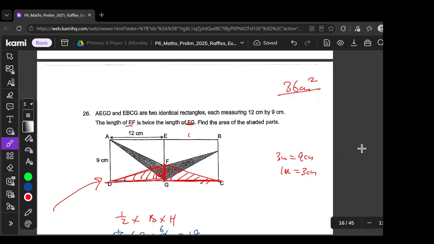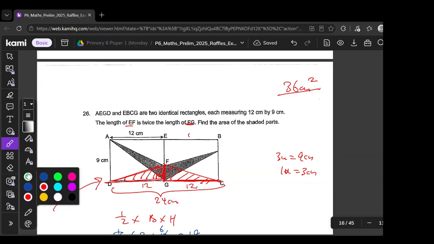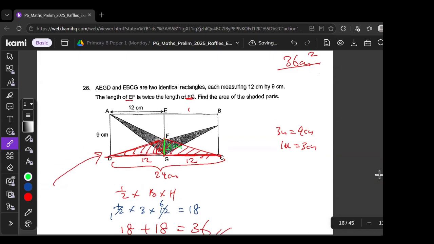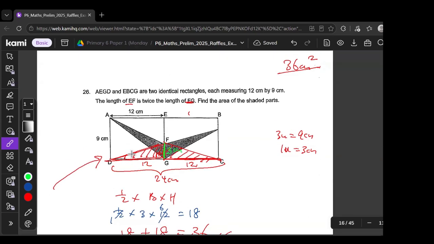Right? And I can even do faster. I can even lump this together. There's one big shaded triangle, with a base of how many? 24 cm. Right? 12 plus 12 is 24 cm. What's the height? The height is here, which is what you got just now, 3. That's the height. So how to get the area of this shaded triangle?